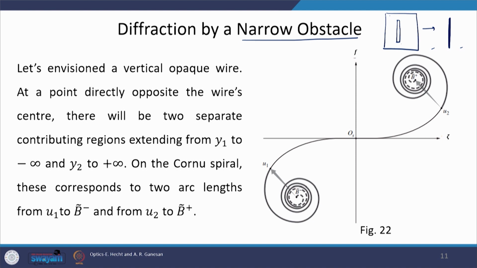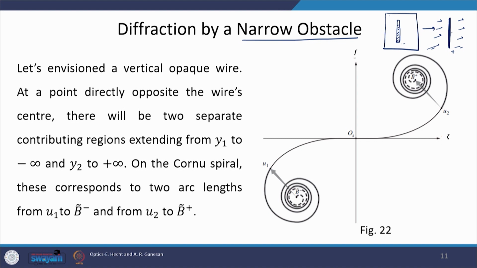In the case of a slit, the light is only allowed to pass through the slit, but in the case of a wire, the light is allowed to pass through all spaces except the places where the wire is.